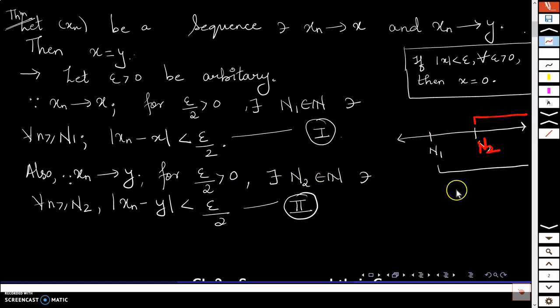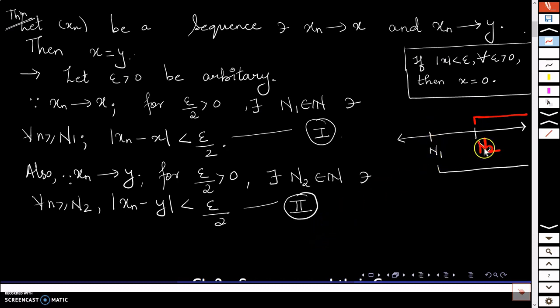So for all numbers which are bigger than or equal to n1, condition 1 works, the statement 1 holds, and for all numbers which are bigger than or equal to n2, the statement 2 works. Now what I need is one natural number for which both the conditions will work.